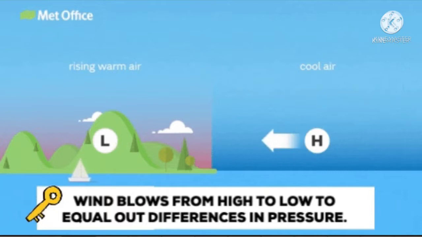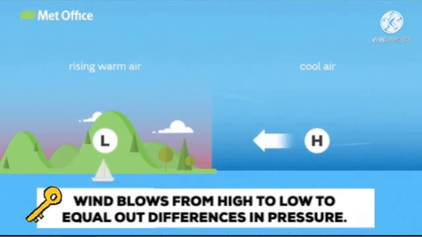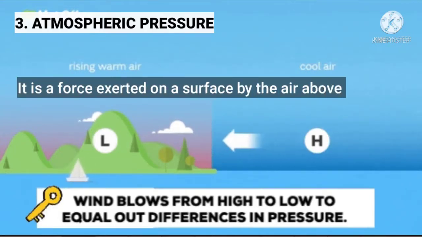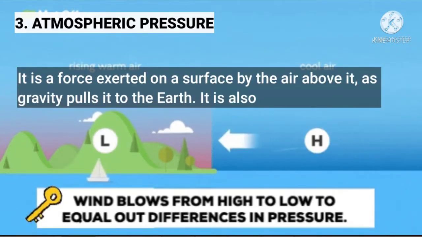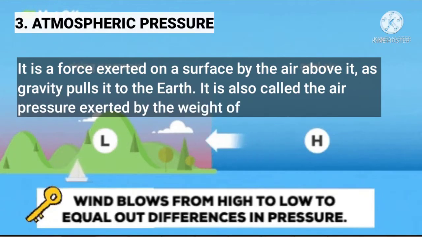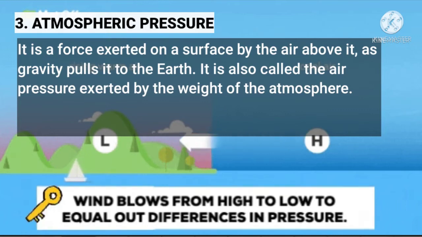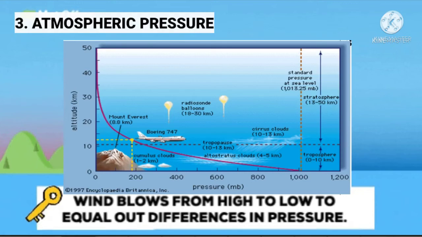Now let's proceed to number 3 element, atmospheric pressure. This atmospheric pressure is a force exerted on a surface by the air above it, as gravity pulls it to the earth. It is also called the air pressure exerted by the weight of the atmosphere. Now you can see there the illustration about the atmospheric pressure.